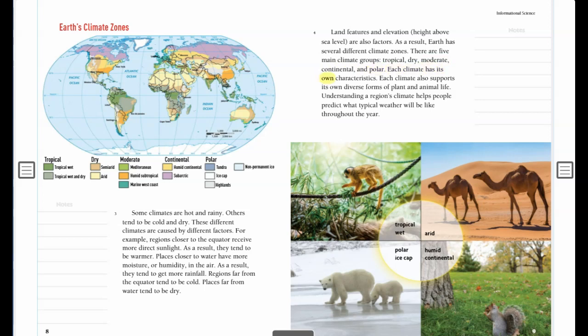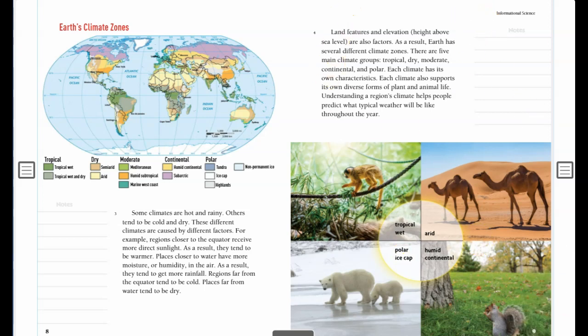Each climate has its own characteristics. Each climate also supports its own diverse forms of plant and animal life. Understanding a region's climate helps people predict what typical weather will be like throughout the year. Tropical wet, arid, humid continental, polar ice cap.